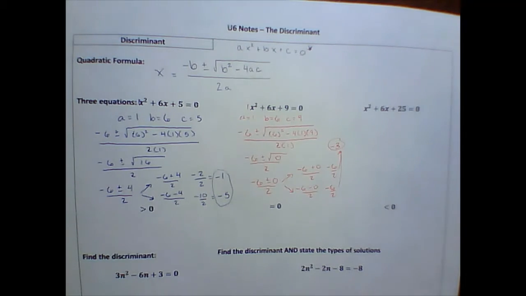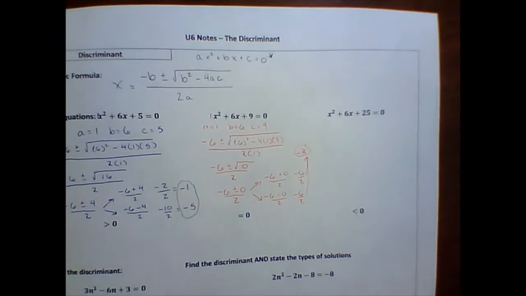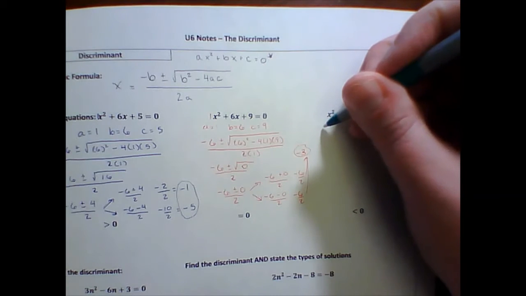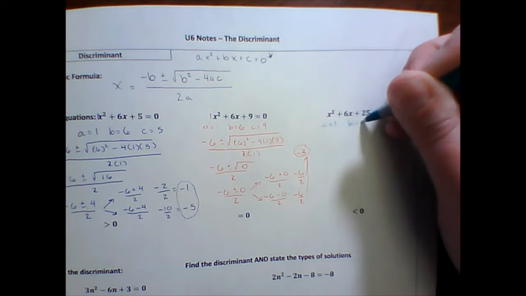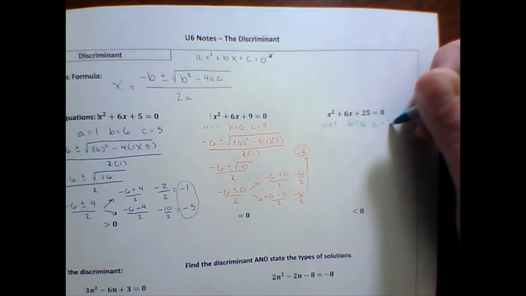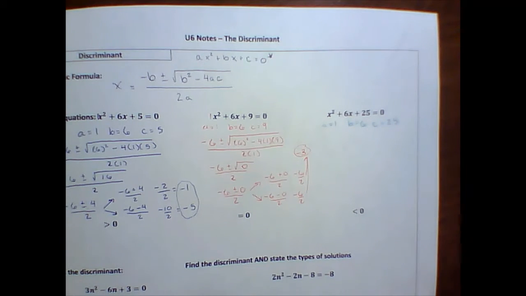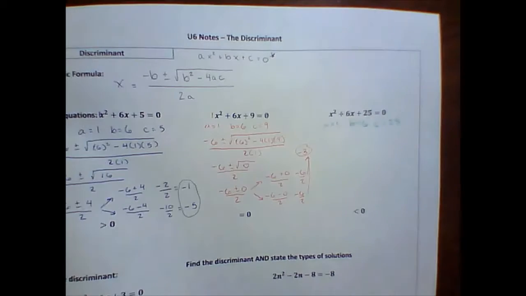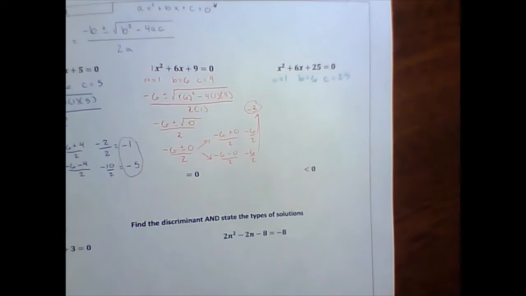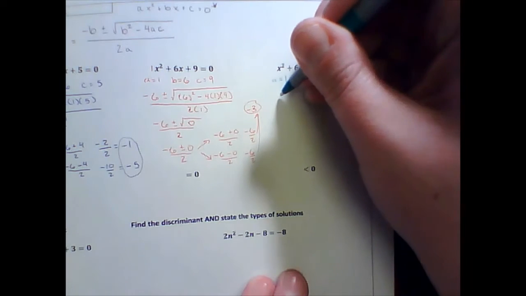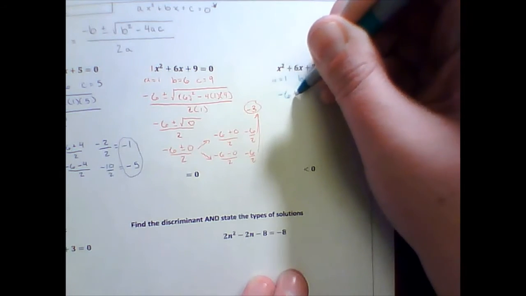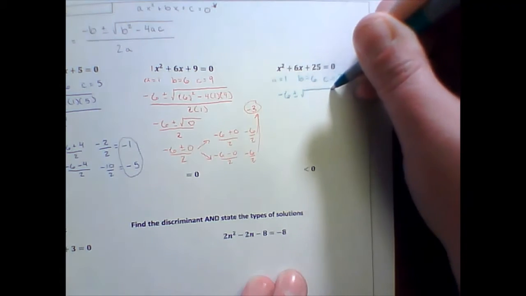All right, time for the last problem. We've got the 1, the 6, and c is a 25. And again, the c is the only thing that keeps changing. So the rest of this is going to look very similar. Negative 6 again, plus or minus.